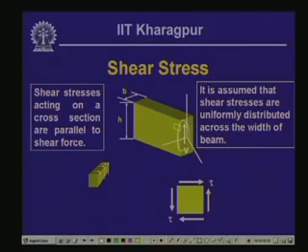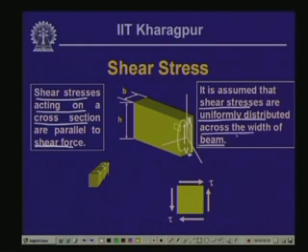That means, in this cross section the direction of the shear stress is the same as that of the shear force. Also, it is assumed that shear stresses are uniformly distributed across the width of the beam, and this is very important: at any point along the depth, the distribution of the shear stress along the width is uniform.